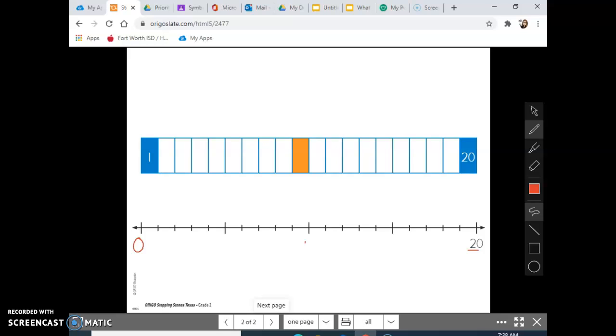So my first line is the number 1, then 2, 3, 4, 5, 6, 7, 8, 9, 10, 11, 12, 13, 14, 15, 16, 17, 18, and 19.